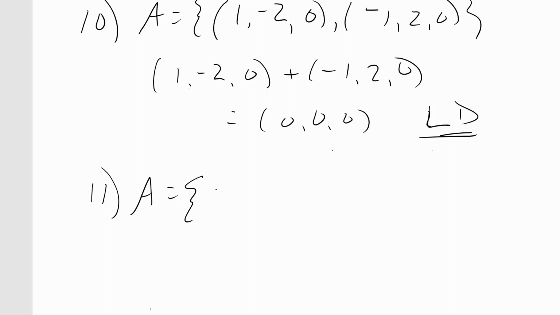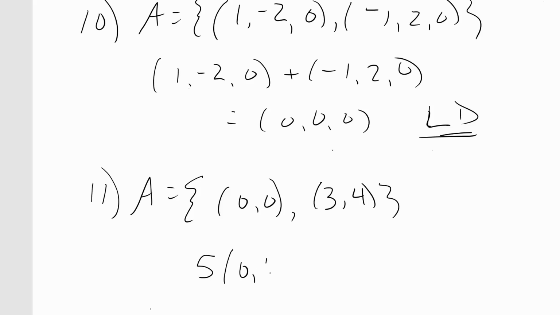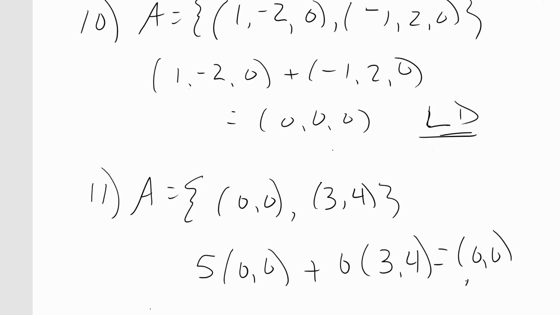All right, number 11. A is the set containing (0, 0) and (3, 4). Would this be linearly independent or linearly dependent? The answer is going to be linearly dependent because I can do any number you want. Let's pick 5 times (0, 0) plus 0 times (3, 4), which gives me (0, 0).